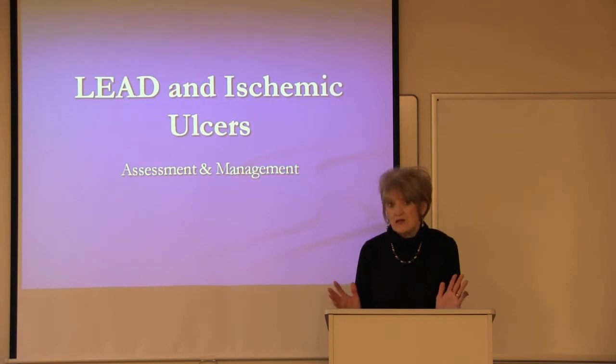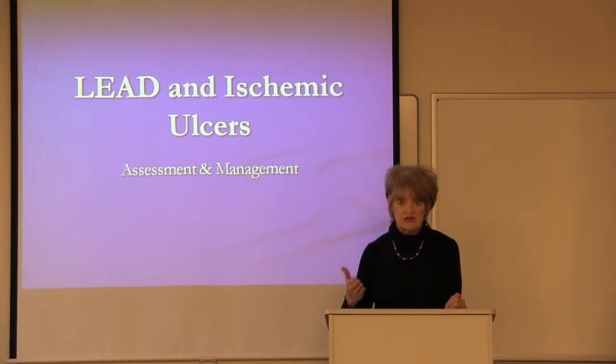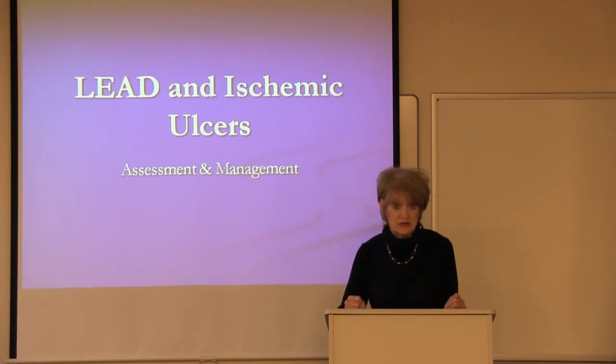Now, when you think about lower extremity arterial disease and arterial ulcers, you want to think about the fact that the problem is with blood flow delivery to the tissues. There's damage to the arterial system. And we know that the whole job of the arterial system is to effectively deliver blood, oxygen, and nutrients to the tissues. So if there's damage to the arterial system, the problem is going to be not enough oxygen, not enough nutrients to the tissues.